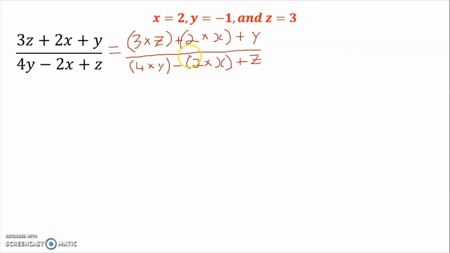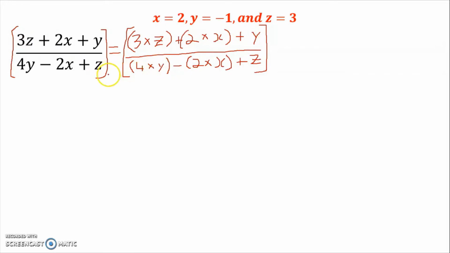So what we have to do now is to substitute the numbers for x, y, and z into this expanded expression. This expression here is the expanded form of the expression to the left.